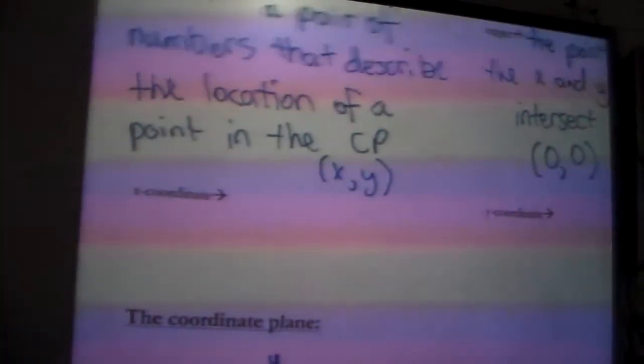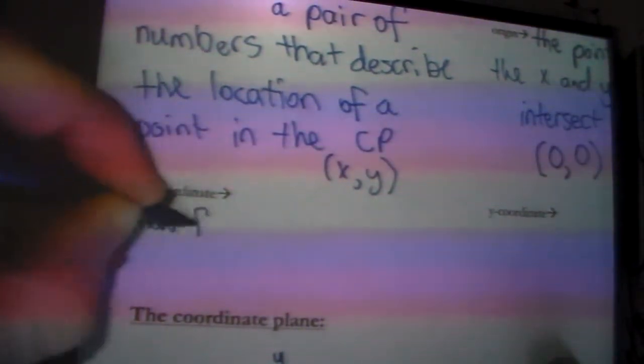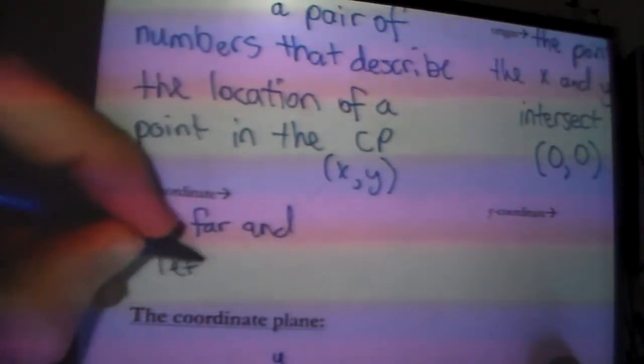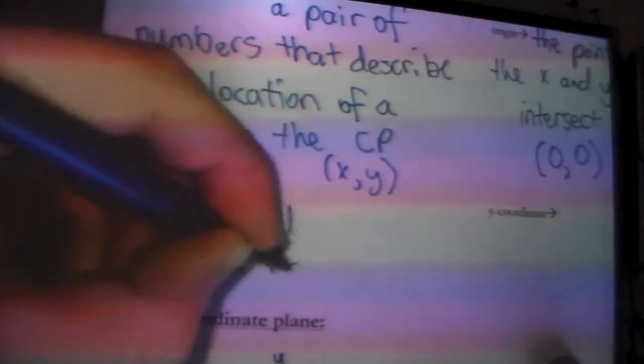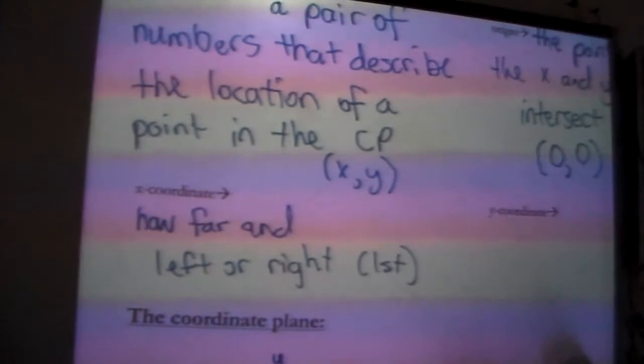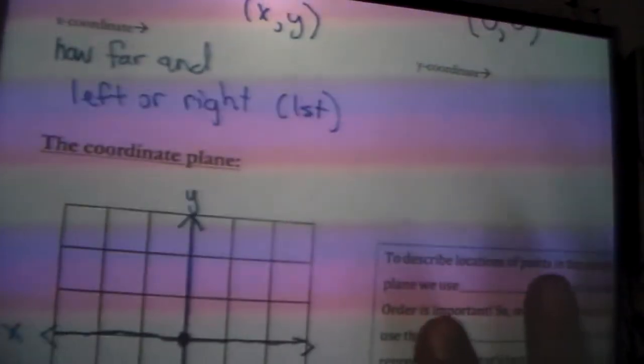So again, that first thing is called the x coordinate. This tells you how far and left or right. And it's always the first coordinate. And then the y coordinate, I'm sorry if you can't see that.